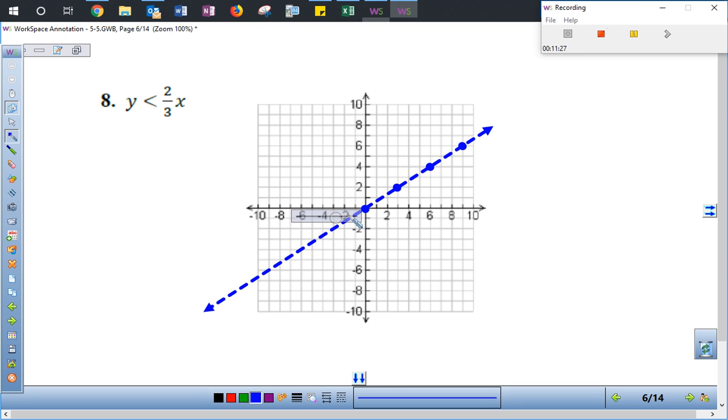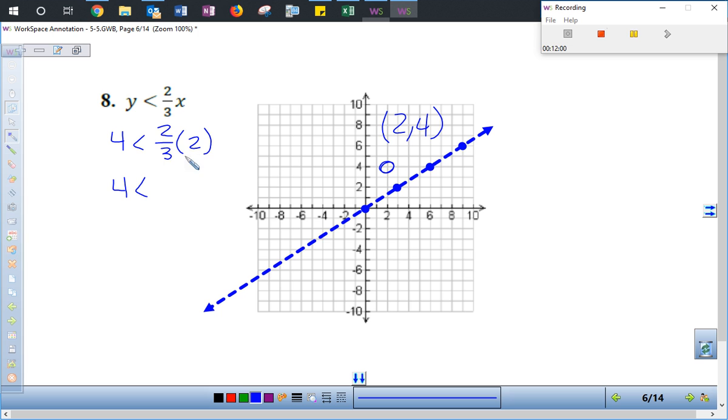Then we're going to pick the ordered pair (0, 0) to see if it works. But that's not helpful because the line is actually on (0, 0). So instead, we have to pick a different ordered pair. I'm going to pick this ordered pair right here, (2, 4). Let's substitute that in and see if that works. So I'm going to substitute the 4 in for y, and the 2 in for x.